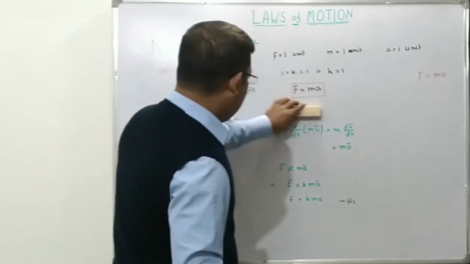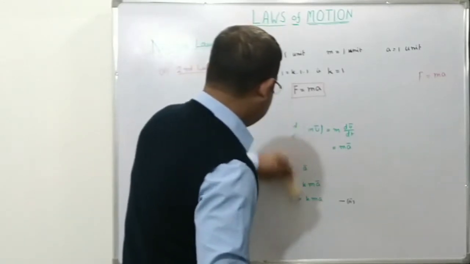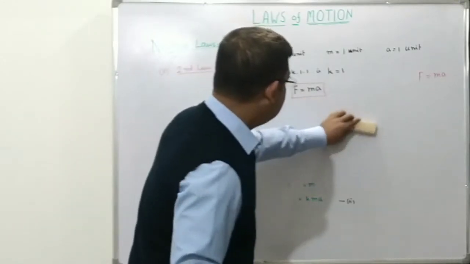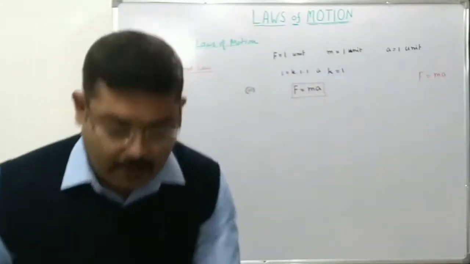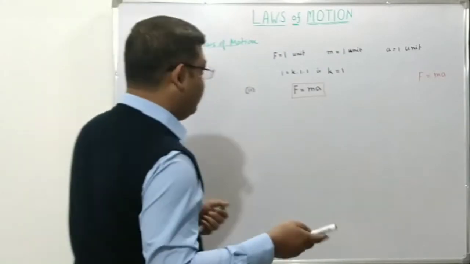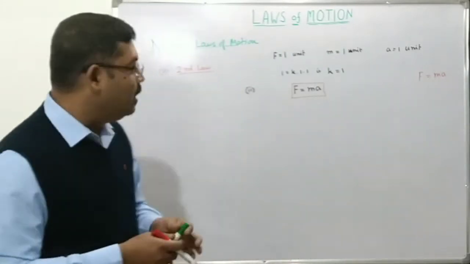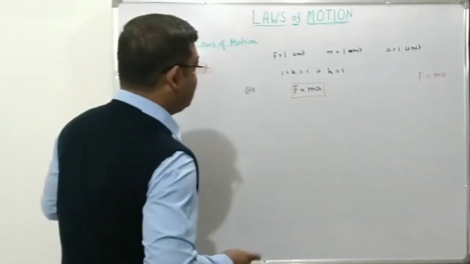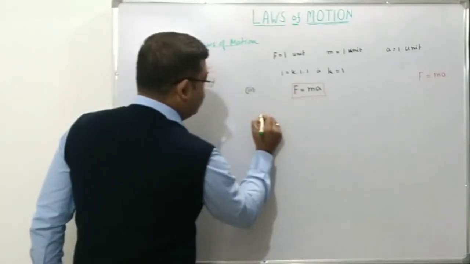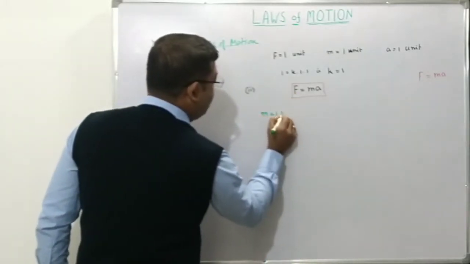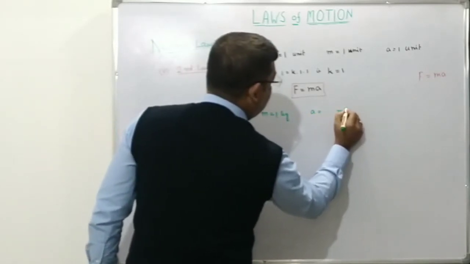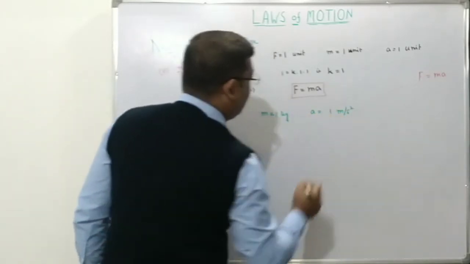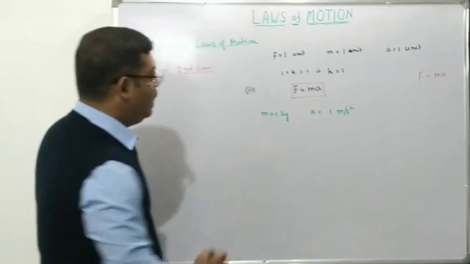Now, if we say units of force, we know the standard units, the SI units. So unit for mass is kg. So if m equals 1 kg, unit for acceleration is meter per second square, a is equal to 1 meter per second square.